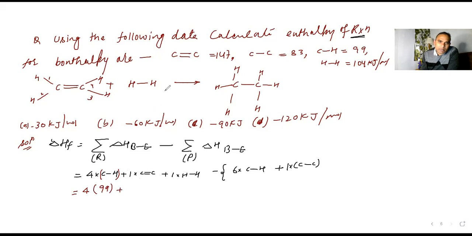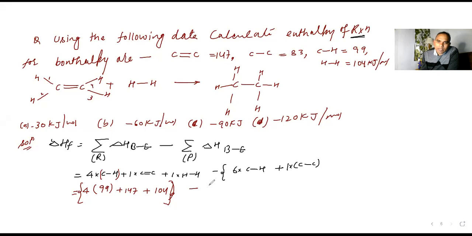C double bond C is 147, so I wrote 147, plus the HH bond, which they have mentioned as 104. We multiply this in one bracket, and here is minus.